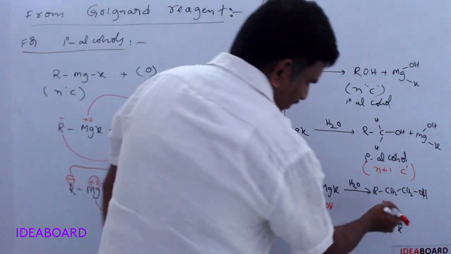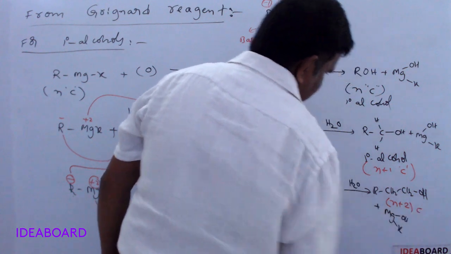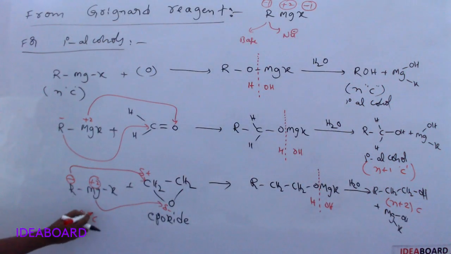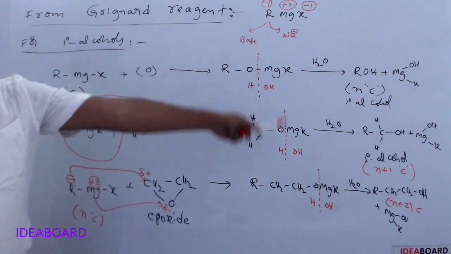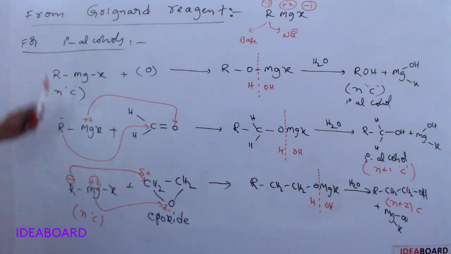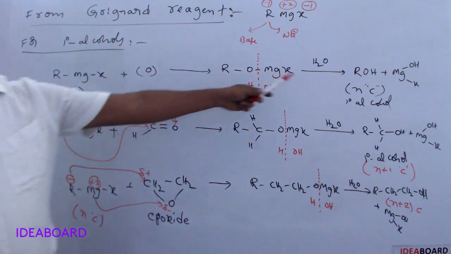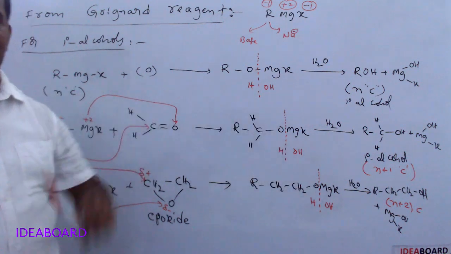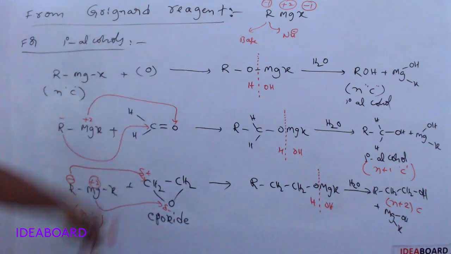Here if you have n carbon atoms, then an n plus 2 carbon containing product is formed. All these give only primary alcohols. But here the same number of carbons, here one more carbon, and here two more carbons in the product. That is for primary alcohols preparation by using Grignard reagent.